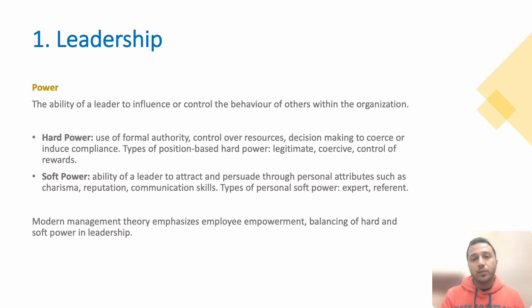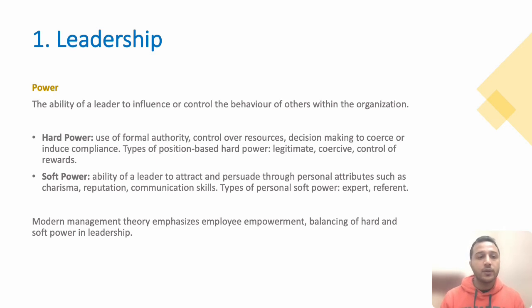So in terms of hard power, always remember it comes through your line of authority or responsibility, where you ask people to do certain things, you have the resources, you have the authority to punish them or to limit their negative behavior, through certain means or measures.